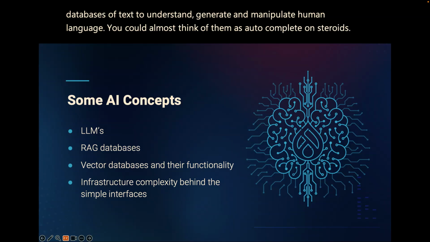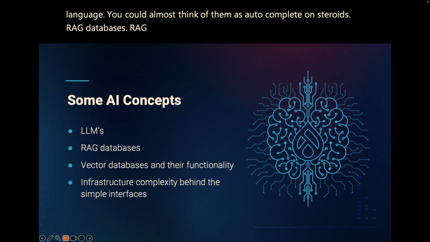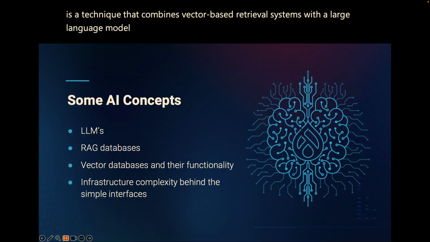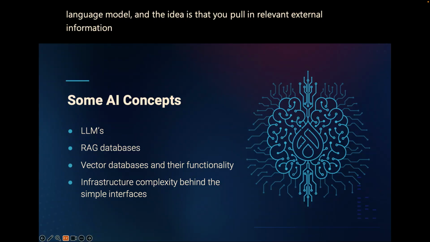RAG databases. RAG stands for Retrieval Augmented Generation, a technique that combines vector-based retrieval systems with a large language model. The idea is that you pull in relevant external information at query time and feed it into the LLM so it answers based on up-to-date or domain-specific data.